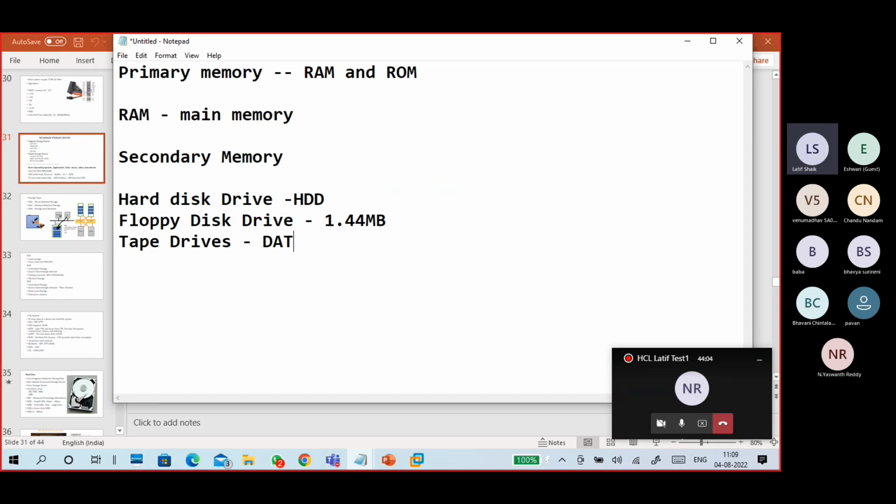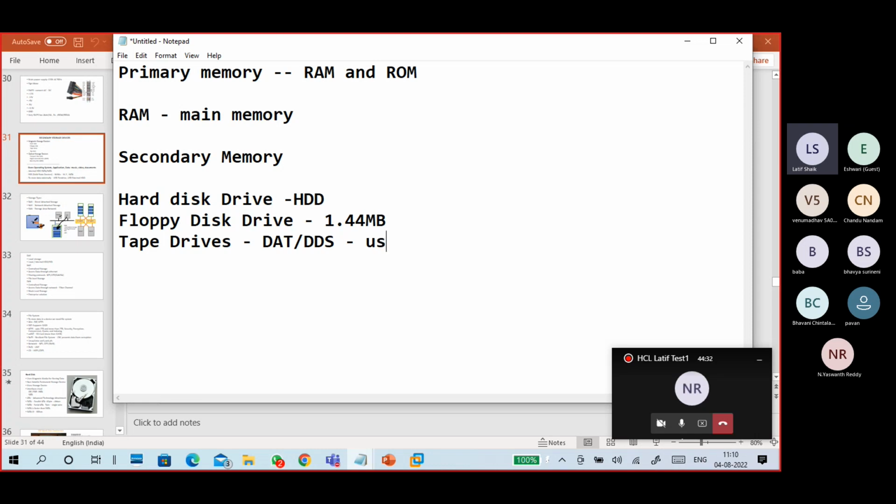So what is DAT? Digital audio tape, digital data storage. Different capacities are there: 36 GB, 72 GB, another one 80 GB, 160 GB, 320 GB. So DATs come in different capacities.